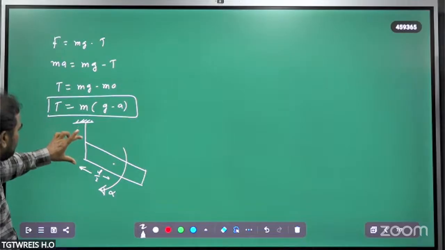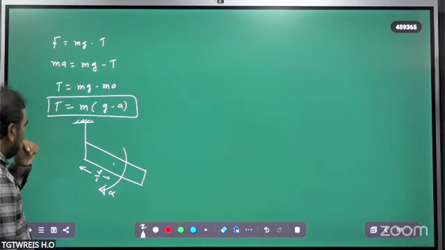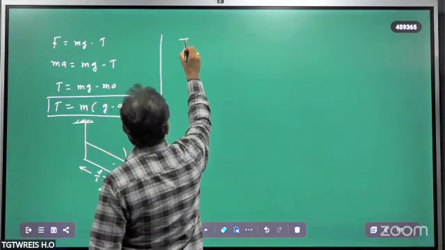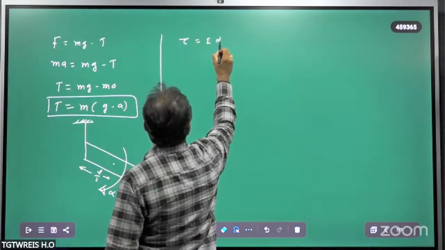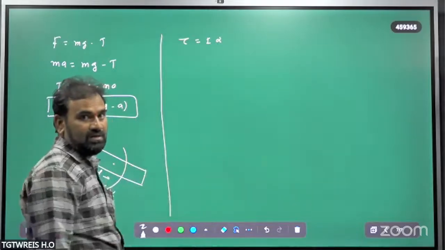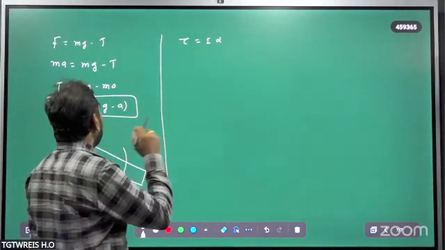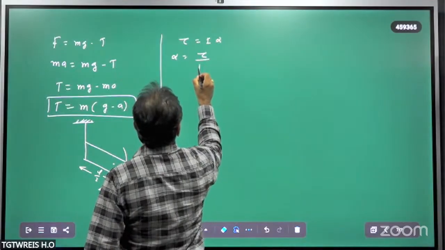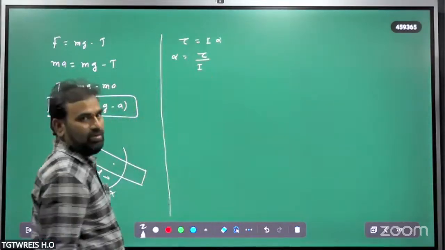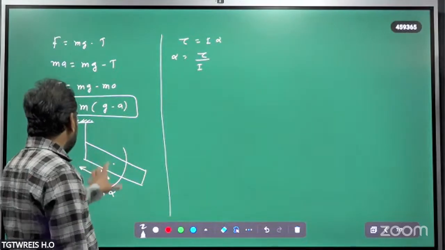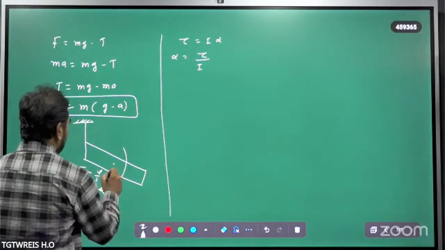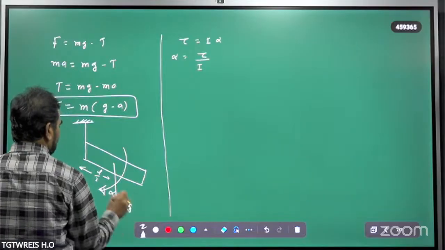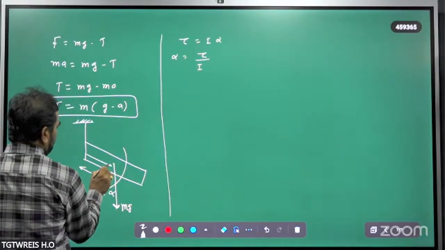Therefore, about this point of contact, how much torque is acting on the rod? Torque tau is equal to I alpha. But what is alpha? Alpha is equal to tau upon I. How much torque is acting about this fixed point?